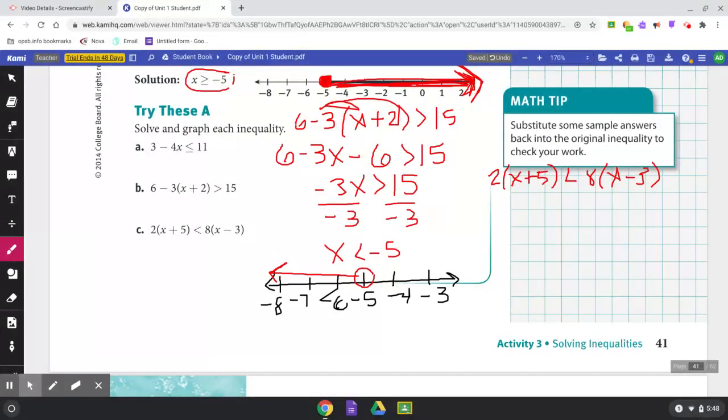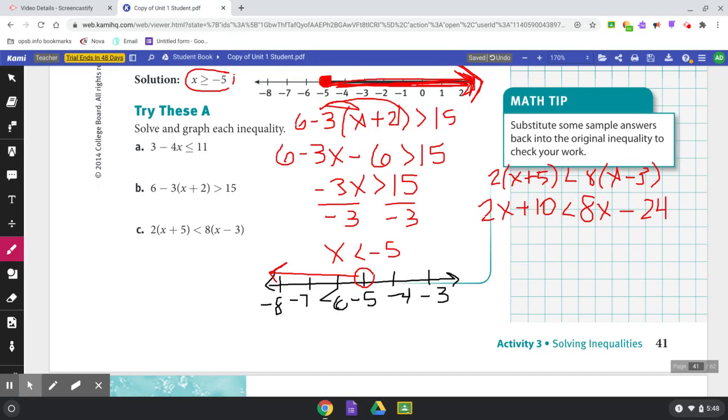Now I need to distribute on both the left side and the right side. I need to distribute 2 into x plus 5 and 8 into x minus 3. When I distribute 2 into x plus 5, that gives me 2x plus 10. When I distribute 8 into x minus 3, that gives me 8x minus 24.